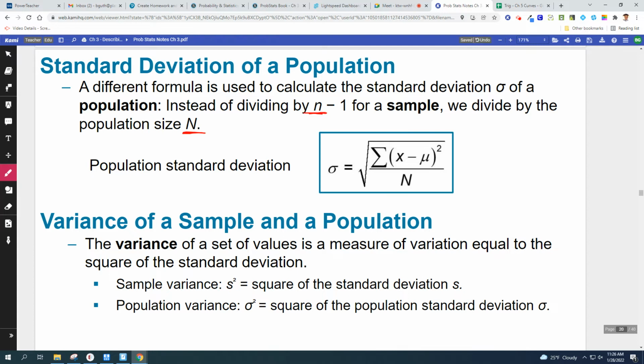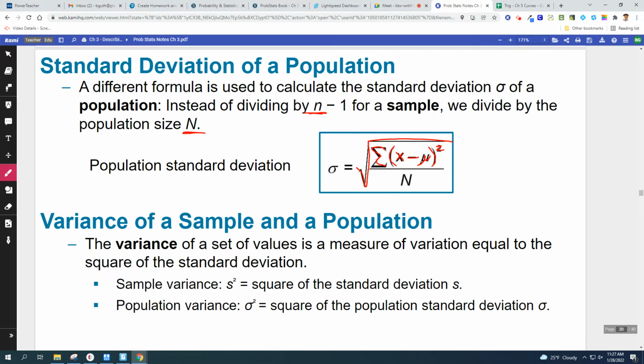So it's tricky because you've got two different n's and you have to remember which one's which. Little n is the number of numbers in the sample. So in our example, there were 5 numbers in that sample. But big N is the number of all of the items, whatever we're talking about in that population. The formula looks very similar though, right? We've got the square root of sigma of the x numbers minus the mean squared.